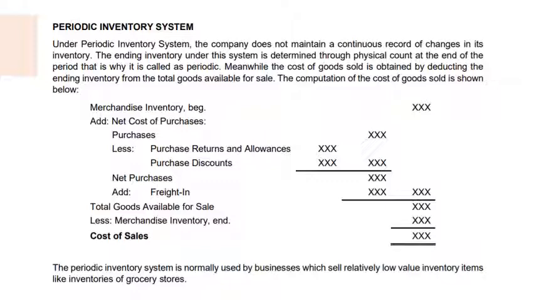The cost of goods sold will be computed by deducting the ending inventory from the total goods available for sale. The computation is found here.